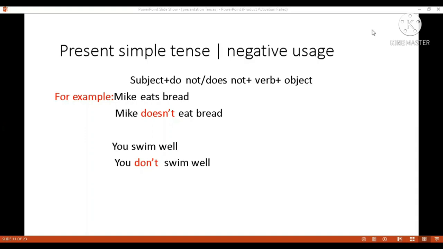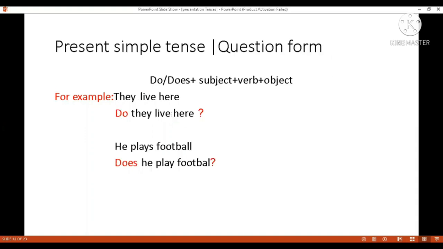Now, I will talk about one possible question from the present simple tense, and that is by using do or does. What about the structure, Mrs. Horya? The structure is do or does plus subject plus verb plus object.